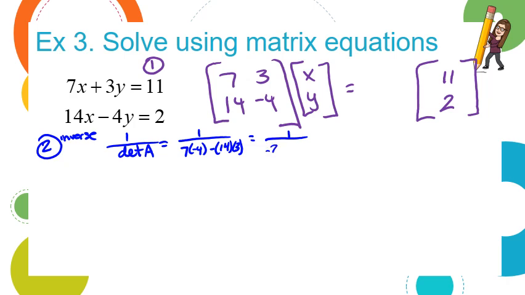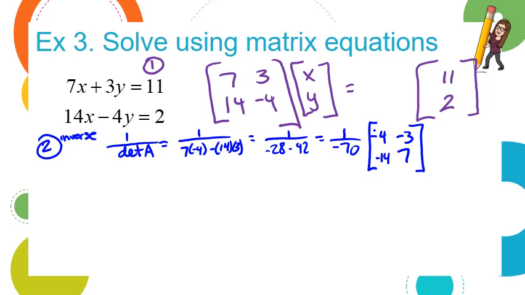We get -28 and a -42, which gets me to 1 over -70. Oh, that's a fun number. -1/70th, but we need to scalar multiply that by, remember this matrix here, we flip our A and our D, and we change the signs of our B and our C.